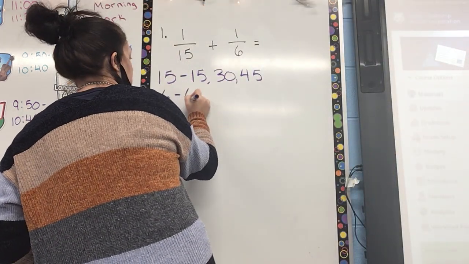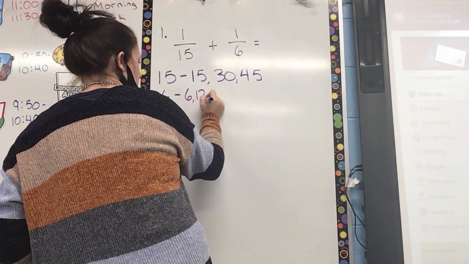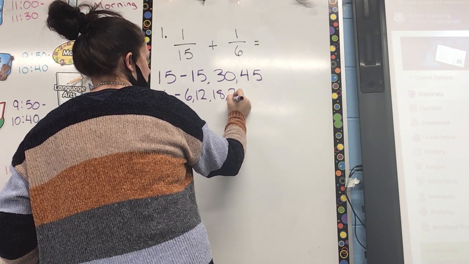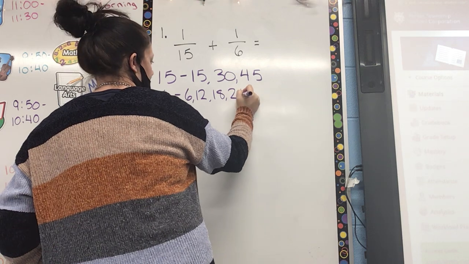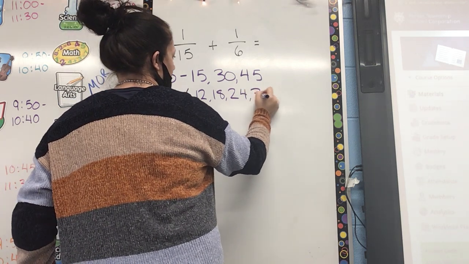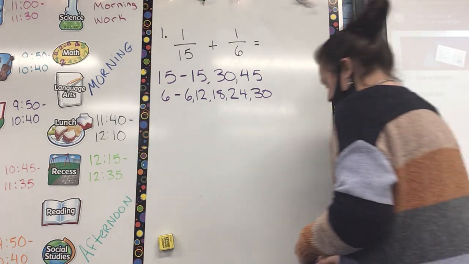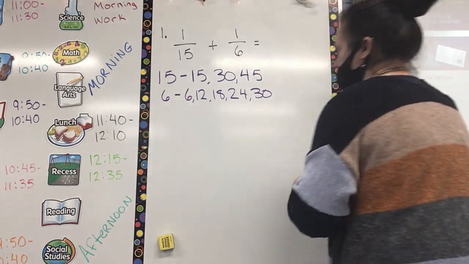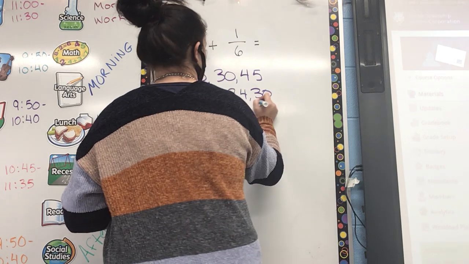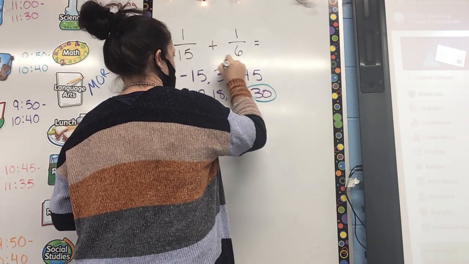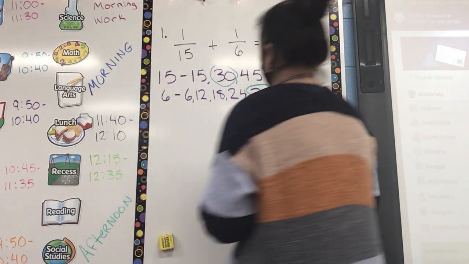Ready? 6, 12, 18, 24. Oh, did we get one? Yeah. Circle. What is going to be my LCD, my least common denominator? 30. The smallest number that they have in common, and that's 30 here.